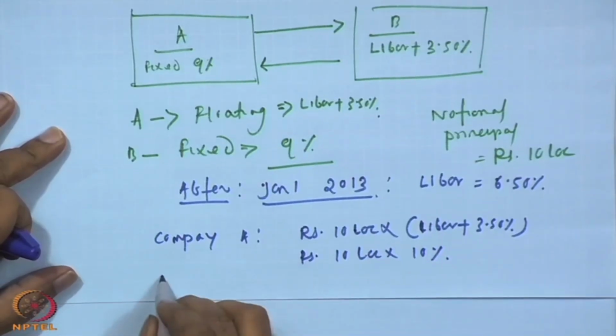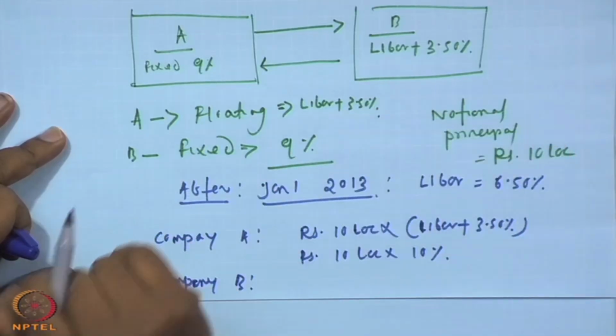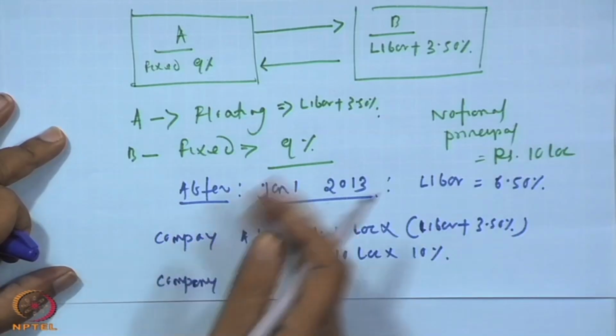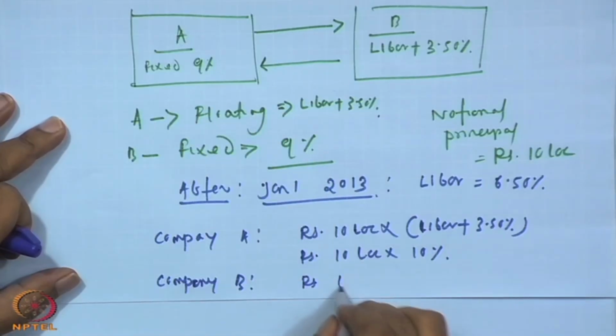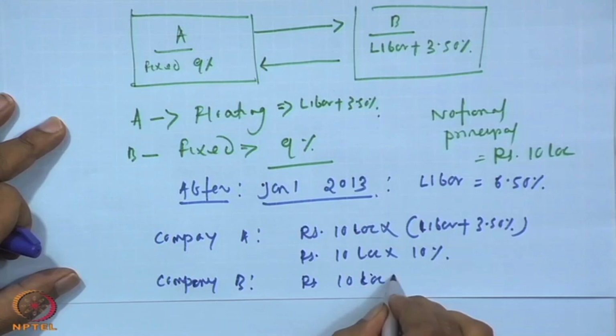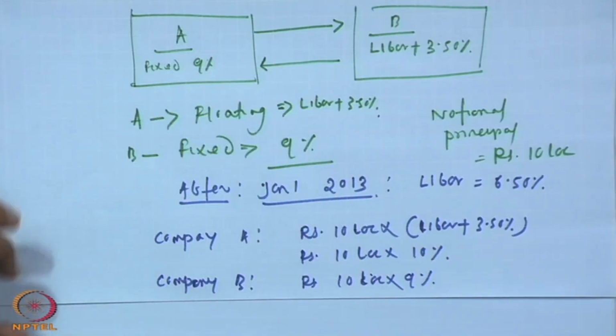What will company B pay? Company B is now fixed because it transferred the floating interest burden to company A. So what is the fixed amount? 10 lakhs into 9%.